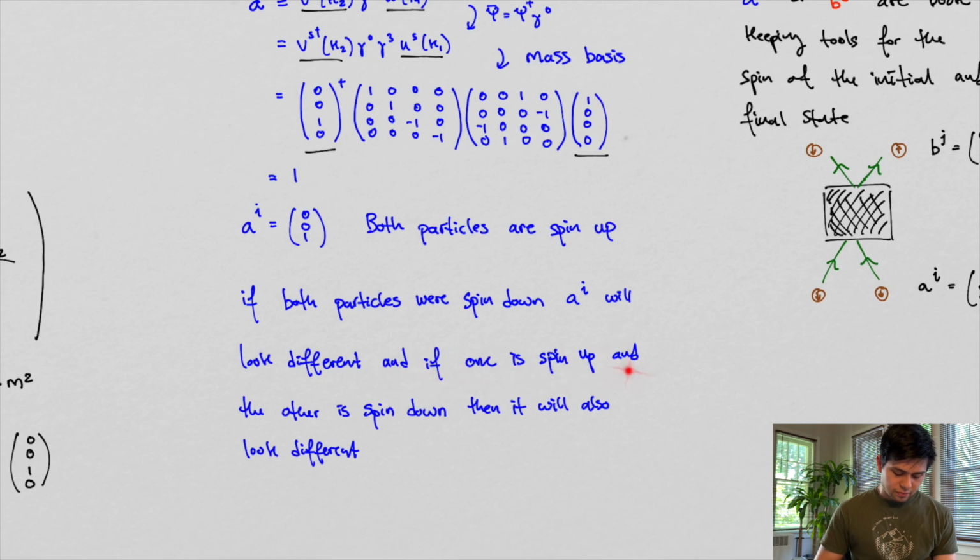And if one is spin up, the other is spin down, then it will also look different. So these guys are going to change again. Depending on which one is spin up and which one is spin down, this guy is going to bookkeep. So this guy is essentially a vector that changes depending on the spin of the incoming particles.